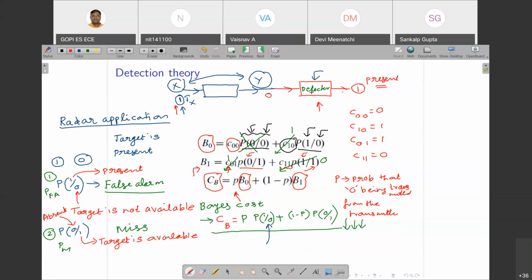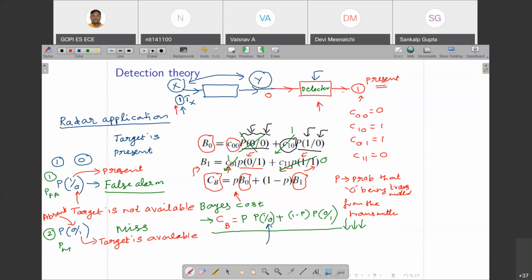That is what I'm talking about. As far as the detector is concerned, there is no error with reference to what is transmitted from the transmitter. So this probability is the connection between the output of the detector and what is originally transmitted from the transmitter. With reference to that only we have to see this. So I hope this is clear.